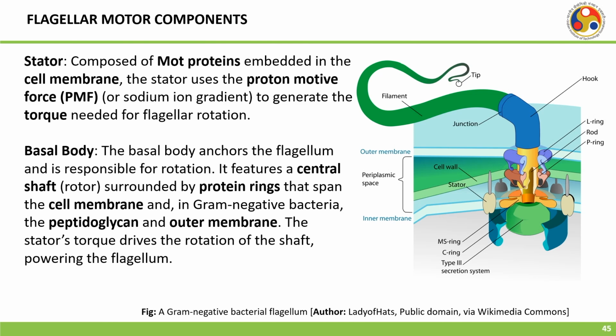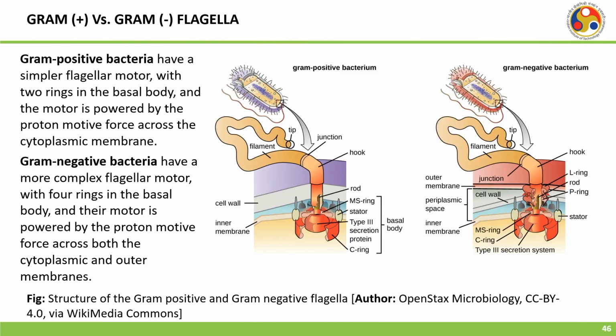The basal body anchors the flagellum and is responsible for rotation. It features a central shaft, or the rotor, surrounded by protein rings that span the cell membrane. And in gram-negative bacteria, through the peptidoglycan and outer membrane, the stator stalk drives the rotation of the shaft, powering the flagellum.